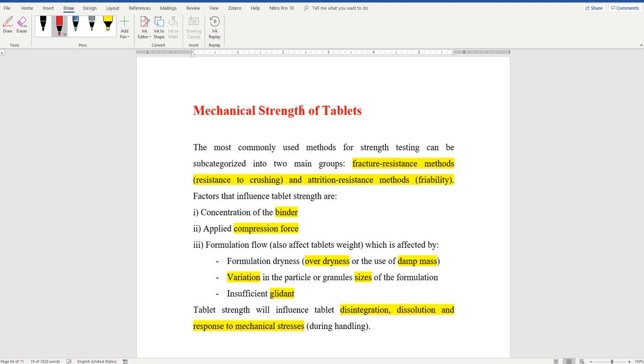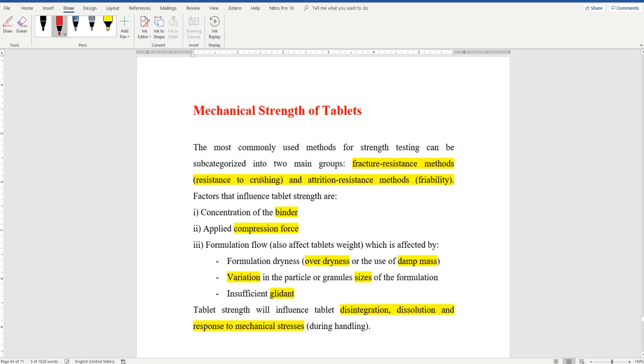So in order to test the mechanical strength of tablets, we have two categories of tests. One is referred to as fracture resistance methods. Okay, and here we are going to talk about resistance to crushing. Now, I want you to know that in many books and commonly it's known as hardness test.